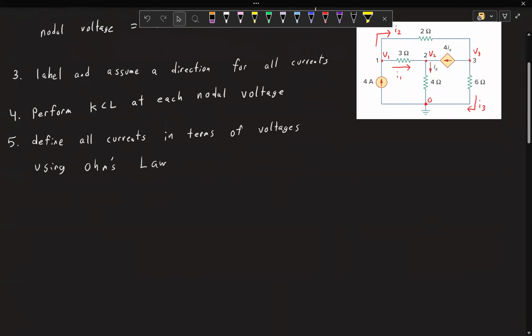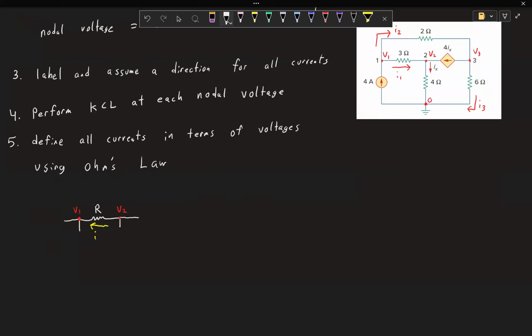So let's say you had some setup that looks like this. Let's say you had a node here, V1, and a node here, V2. This resistor has some resistance R, and let's say you chose a current going this direction.